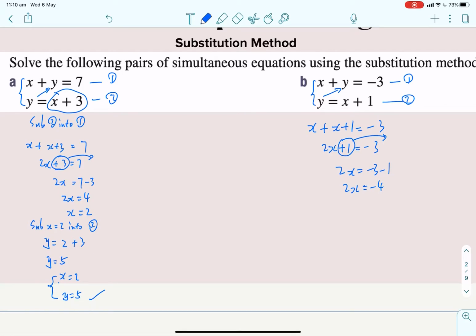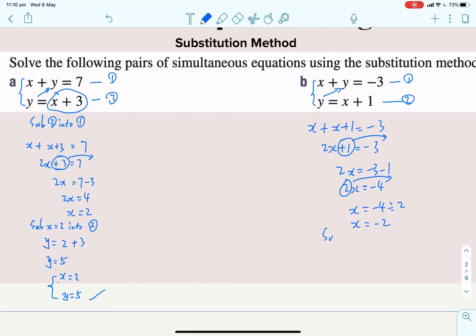If you know how to do it directly by guessing, fine. If you don't know, do reverse operation. The opposite of times 2 is divided by 2. And then you can check on the calculator, -4 divided by 2 is -2, okay?